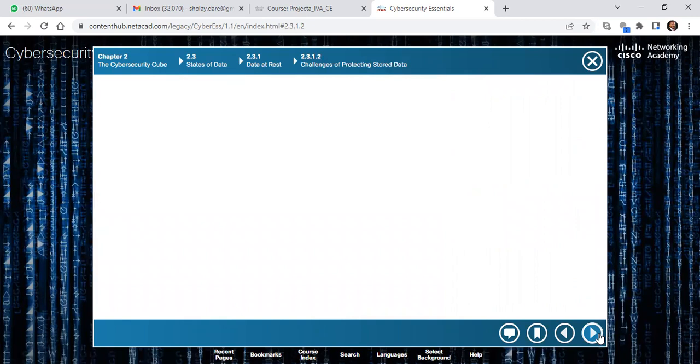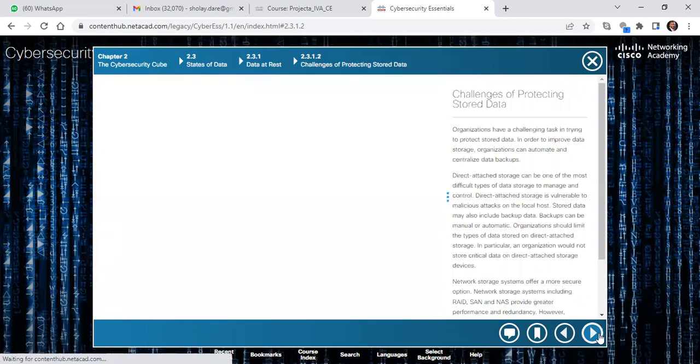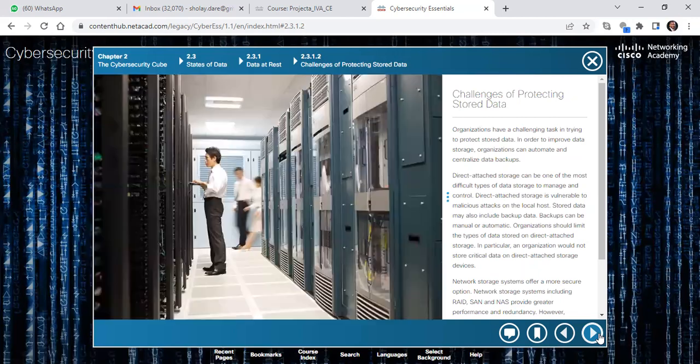So what are the challenges? We want to look at the challenges of protecting stored data. You can see the diagram in front of you.